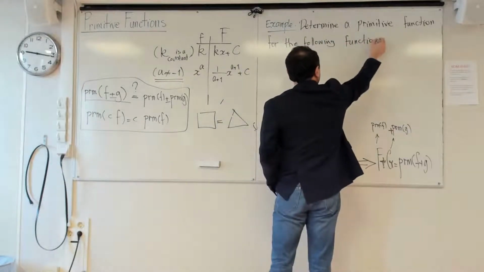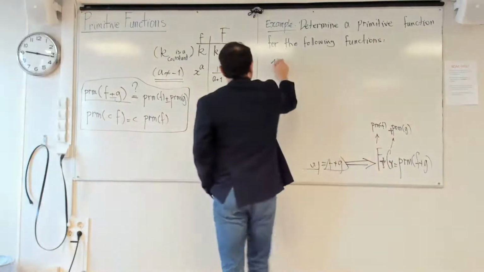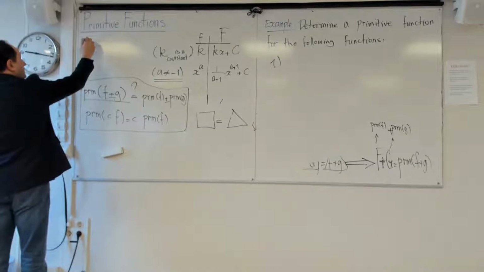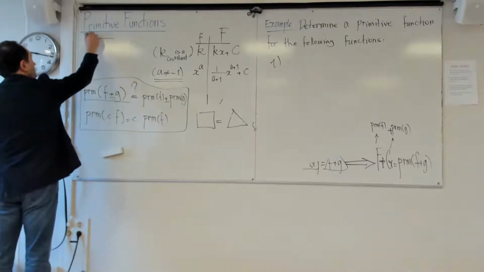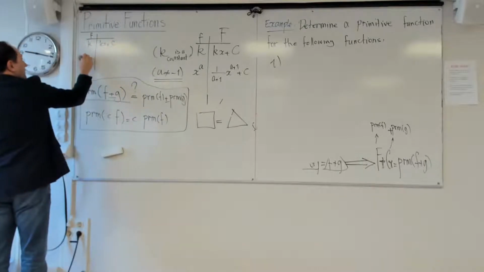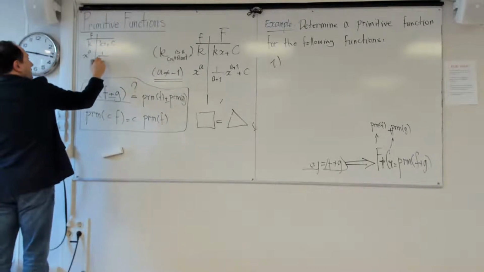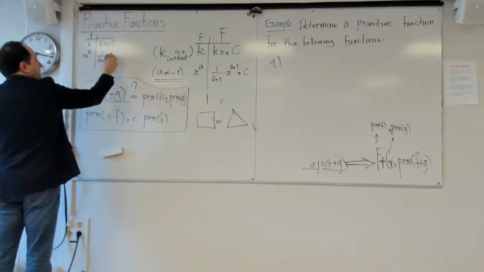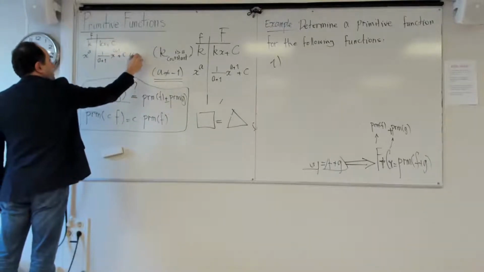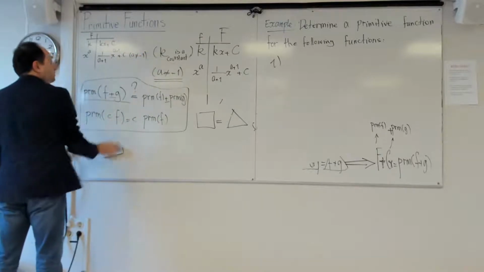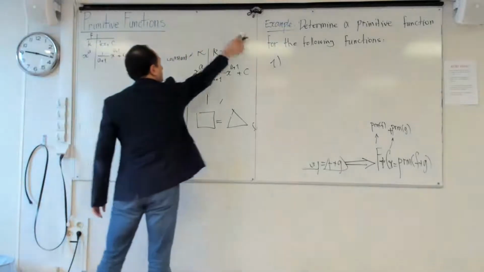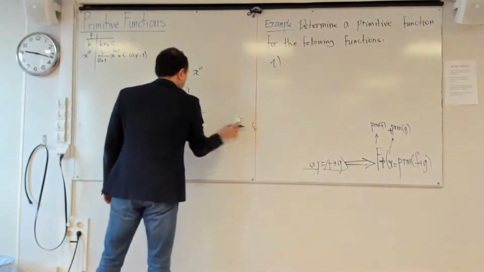Okay, so I want to keep these formulas. So let me write the formulas here for you simpler, so smaller. So I have k, it becomes kx plus c, and then I have x to power a, it becomes 1 over a plus 1, x to power a plus 1 plus c, and here I emphasize that a shouldn't be -1, and I can clean all of these, make them smaller, so that we can have more space to write these things down, okay?